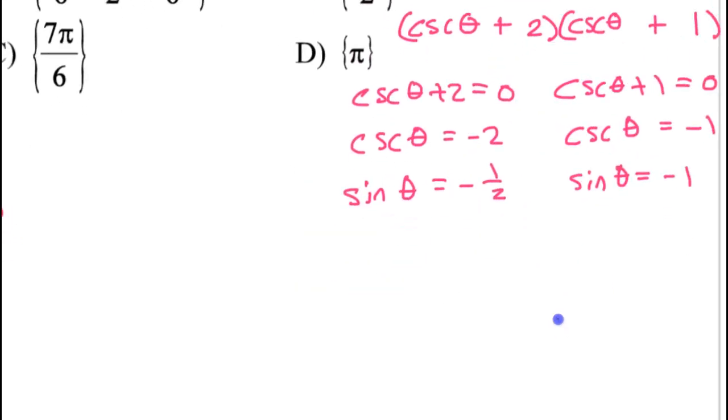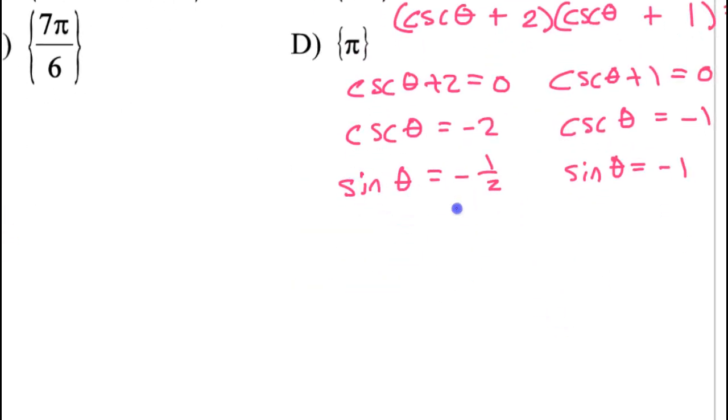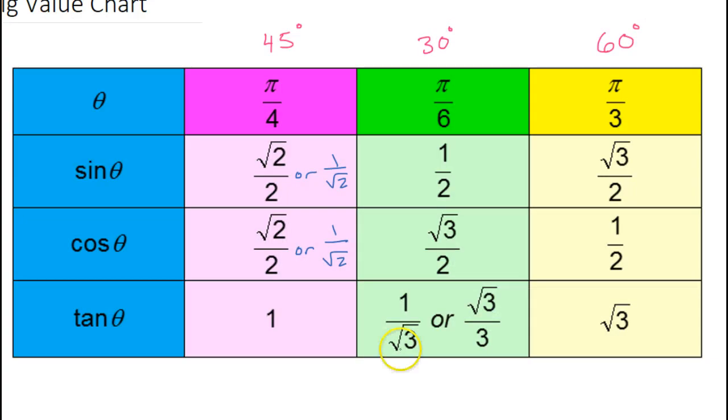So let's solve each of these little equations. The sine of some angle is negative 1/2. Let's start with positive 1/2 so we can find the reference angle. The sine of what angle is 1/2? Hopefully you know that that is pi over 6.